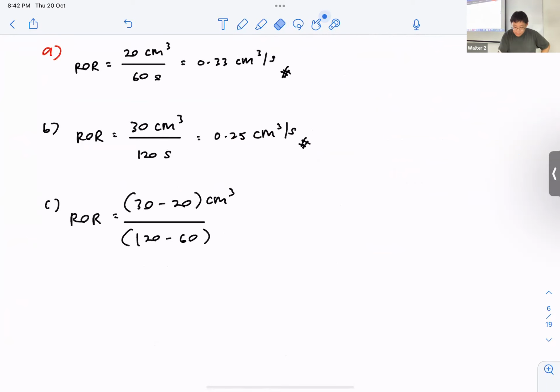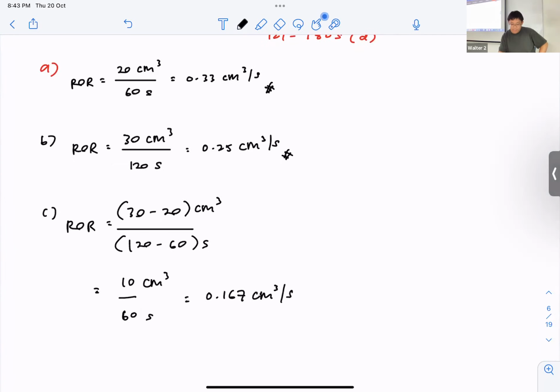So that would be 10 divided by 60. Your answer should be 0.167 cm3 per second. It can also be 0.17, up to you.